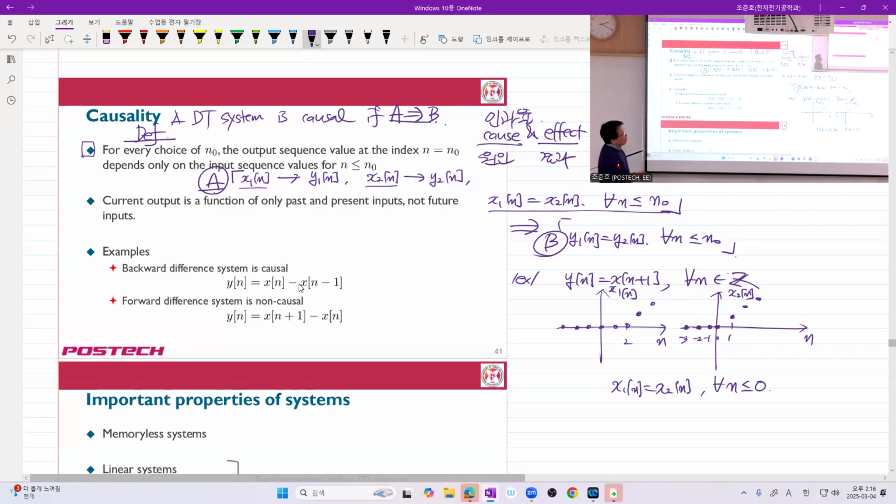Now, what about the output? The output of the first one is what? Sorry, 0. And what about y2?